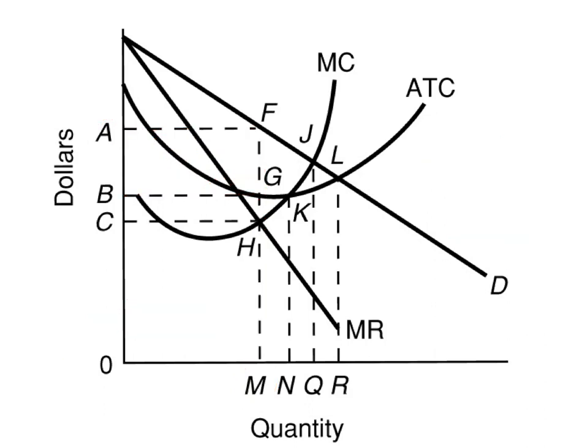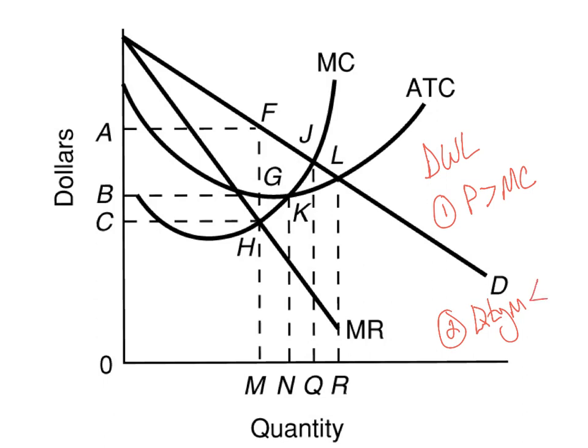The last point we want to look at using our graph is the area of deadweight loss. Remember, the area of deadweight loss represents the inefficiency of monopolies. Again, there are two reasons why monopolies are inefficient. One is that the monopolist is able to set their price above their marginal cost, and secondly, the quantity of the monopolist is less than the socially efficient quantity.